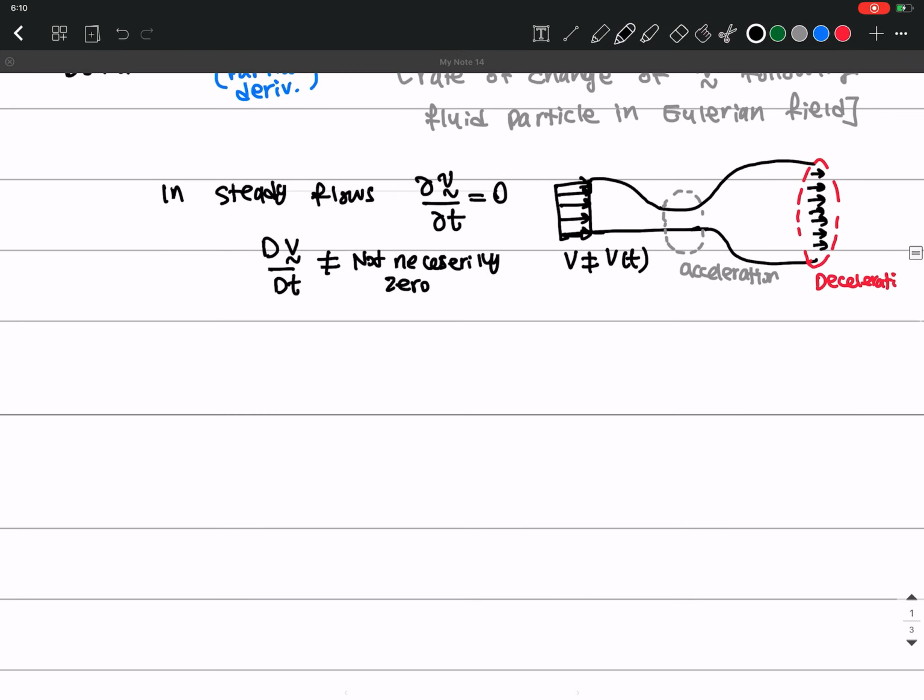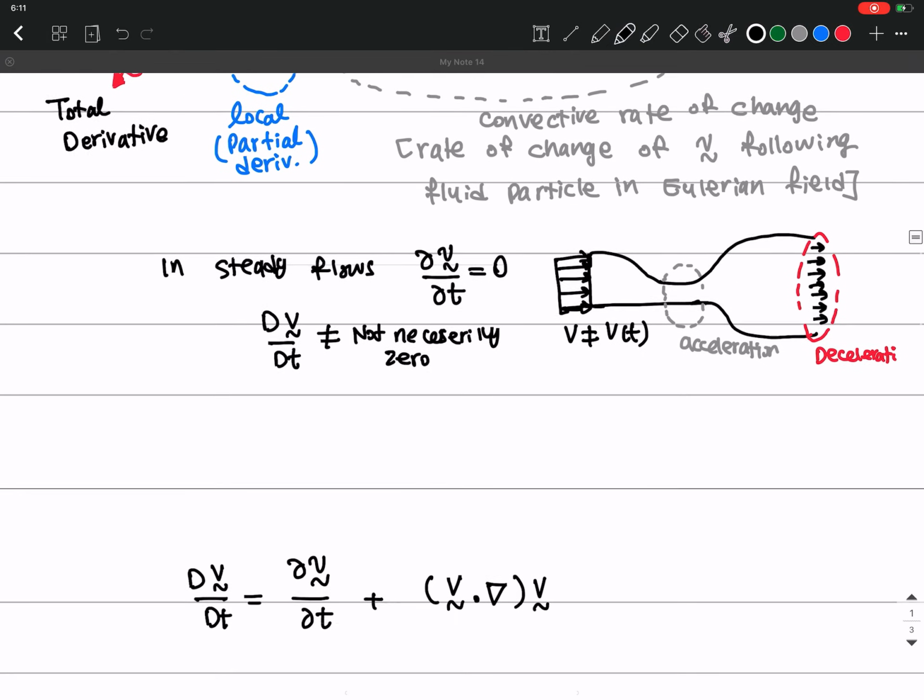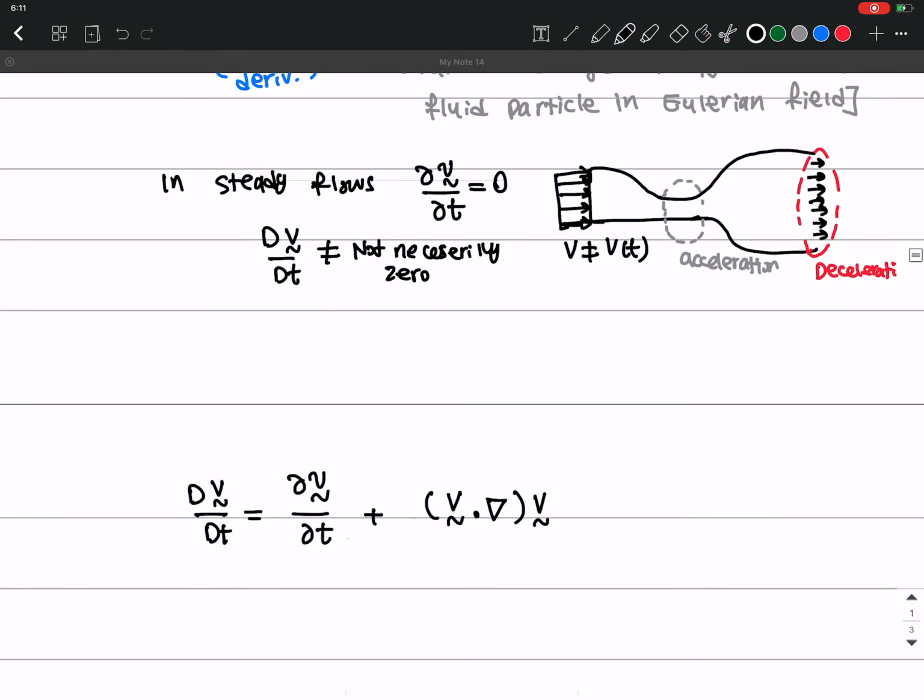You can write dV over dt equals partial V over partial t plus V dot grad V. So it's just writing this term in terms of some mathematical operators, and I'm going to talk about them a little bit later. This term, we call Lagrangian acceleration.